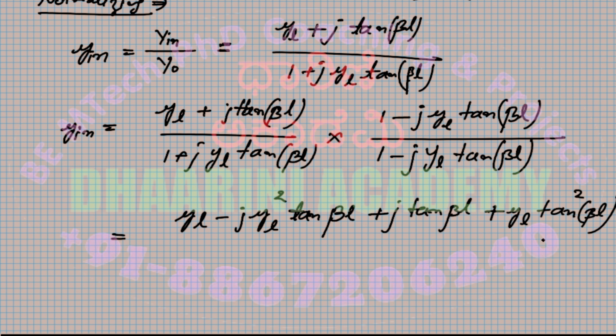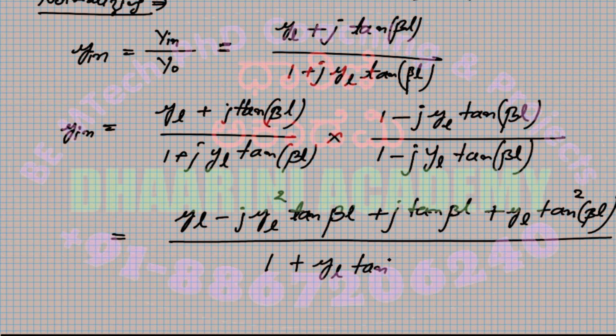This whole thing is divided by the denominator, which becomes a square minus b square. A square is 1 into 1 square minus b square. So j into j is j square, so it becomes plus YL square tan square of beta L. Is it fine?